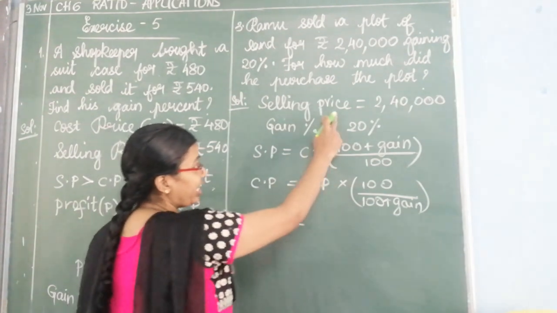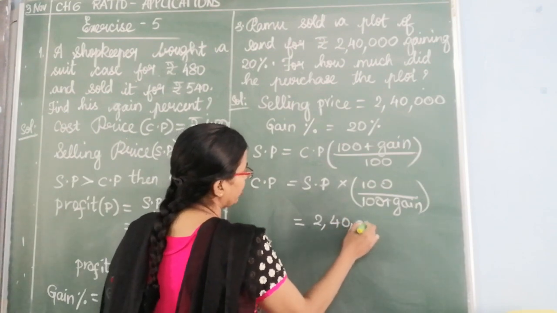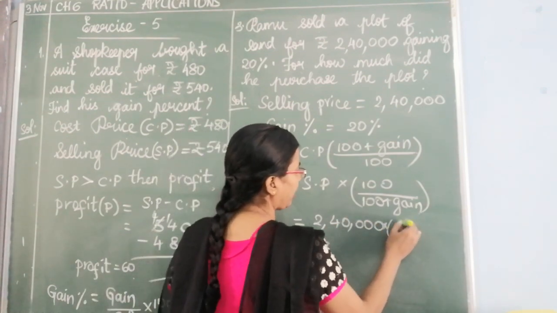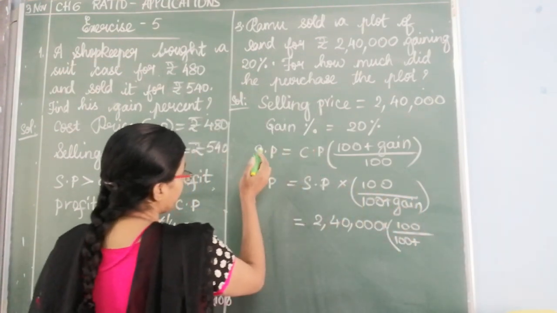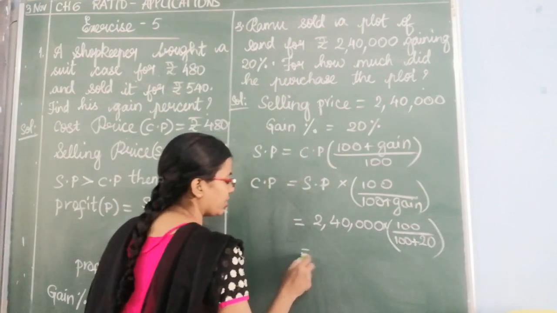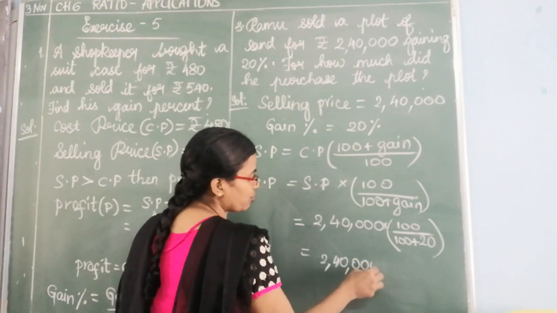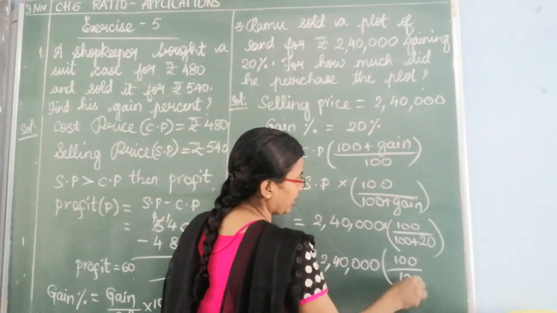Now SP, selling price is 2,40,000 into 100 by 100 plus gain. Gain percent how much is given? 20. So this is nothing but 2,40,000 into 100 by 120.